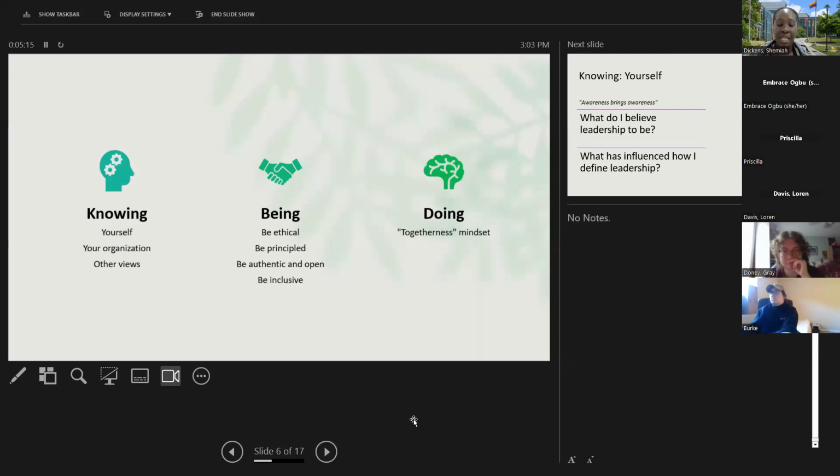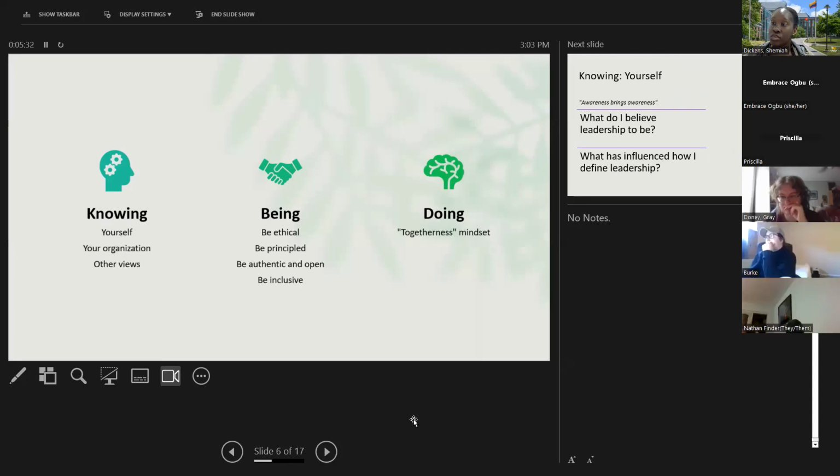Knowing, being, and doing. This is a model. Knowing, step one, is to understand yourself, your organization, and other views, and the fact that they exist.